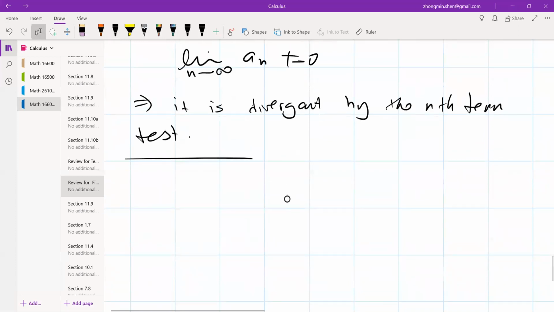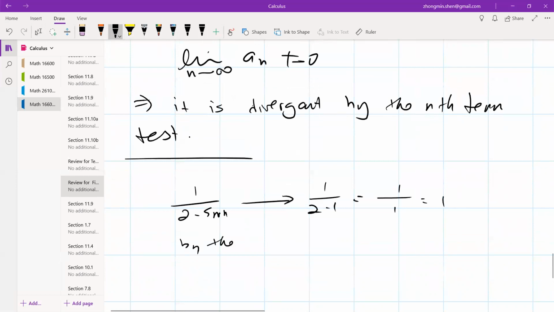I'm very generous. I still gave him 5 points out of that. So he only wrote this, that's the first line. Then he said by the direct compression test, and it is convergent. Okay.